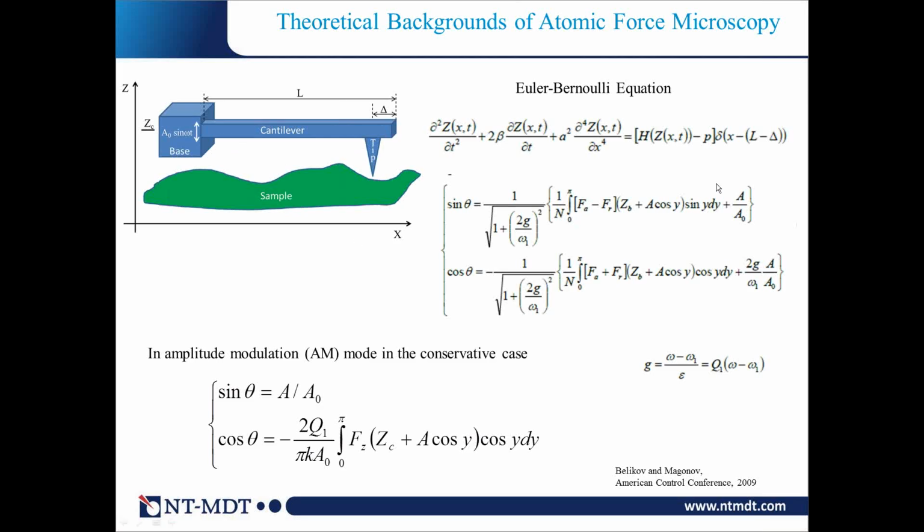But the point is that by using the approach known as Krylov-Bogolyubov-Mitropolsky, which simplifies the solution of the problem of the three-dimensional motion, we can get the basic equations where we have the correlation between the cantilever properties and the force between tip and sample.